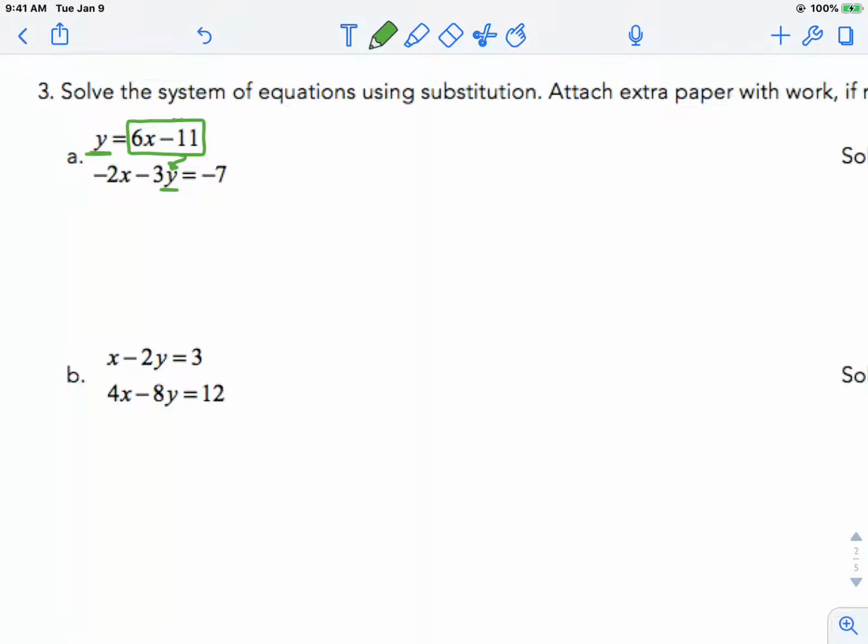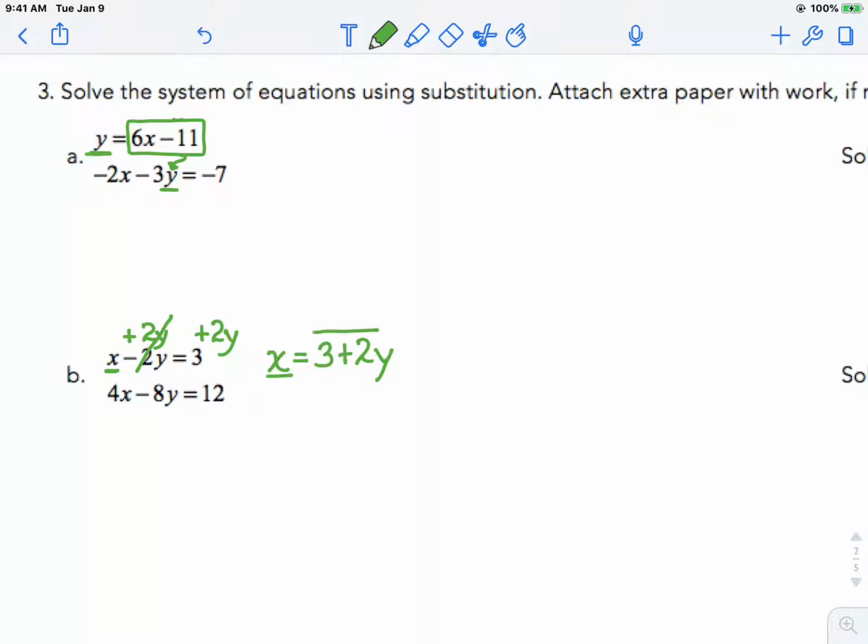In part B, though, none of those equations is solved for y or x equals. So we want to look to see if we can get one of them solved for x or y equals. I see this x here that I think might be reasonable to get by itself if I were to add 2y to this side and add 2y to this side. That would move the y's off that side. So what I would have then is that x equals, because those would zero out, 3 plus 2y, or 2y plus 3.